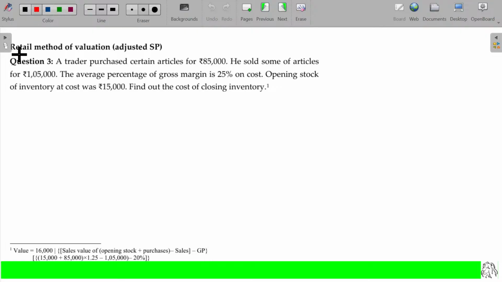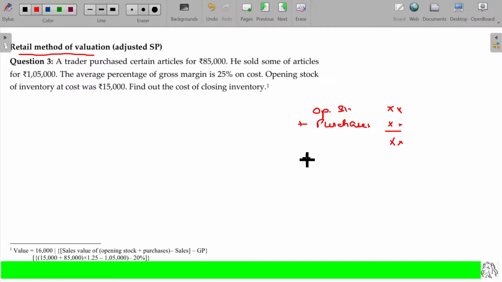Now, retail method of valuation. Under this method, how do we calculate? Opening stock plus purchases.